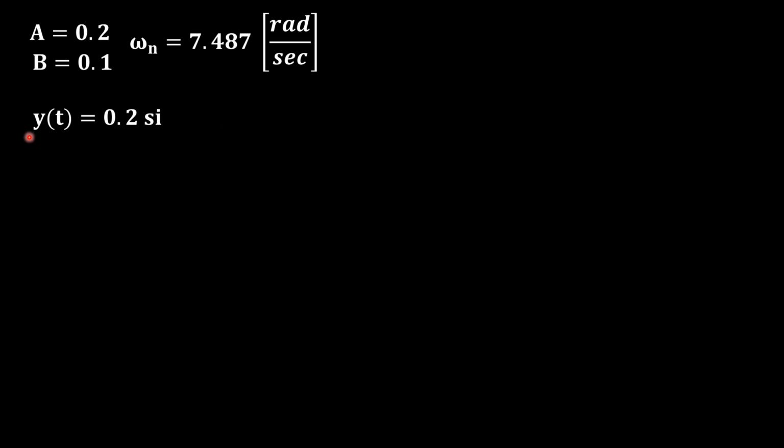All right, so here the a value is 0.2, the b value is 0.1, and the natural frequency, we got it to be 7.487 radian per second. So now for the position function, we can plug in these values, and that's what we will get in here.